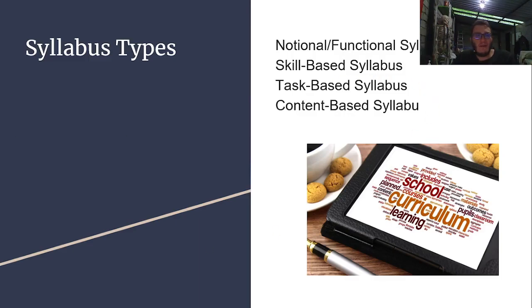The next one is the skill-based syllabus. It develops specific language skills like reading medical literature, reading case reports, listening to patients' histories, and delivering medical presentations. The next one, the text-based syllabus, is used to integrate tasks such as analyzing medical research articles, conducting patient interviews, which is very important to get a good diagnosis, and preparing medical presentations.